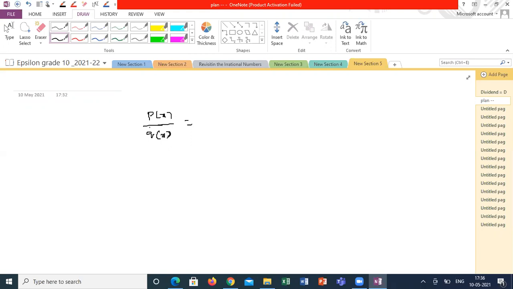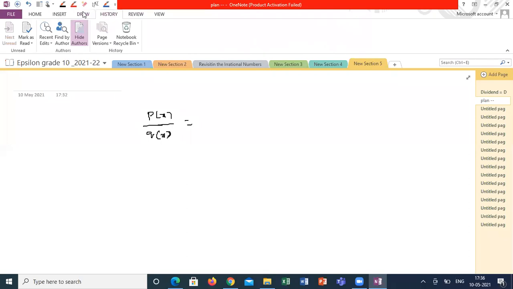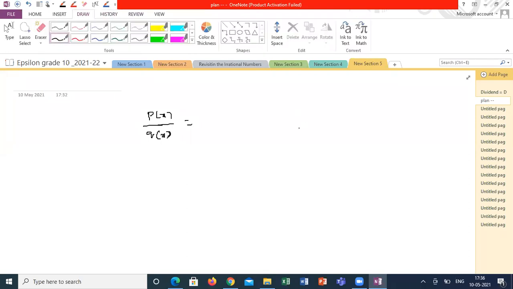Is it possible? Is it possible to divide 6 by 10 properly? Can I apply it as 6 is equal to 10 into some natural number plus remainder, where R is a natural number?